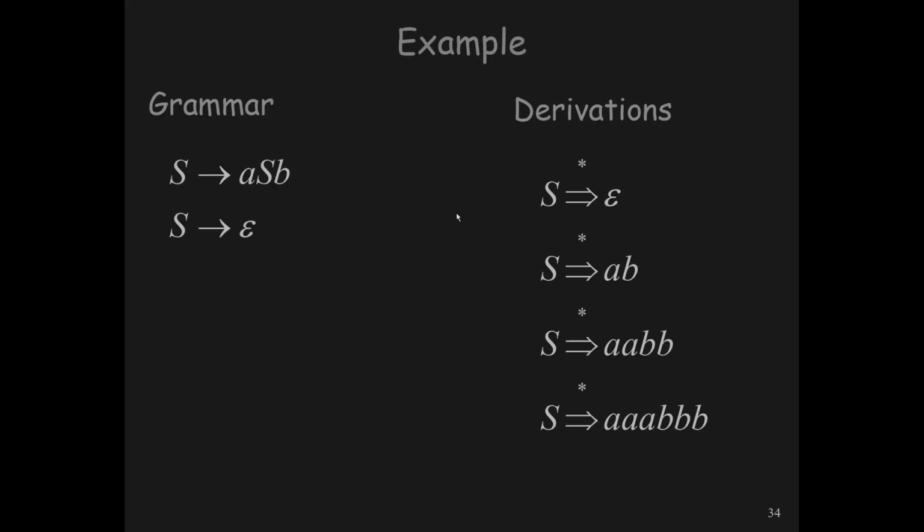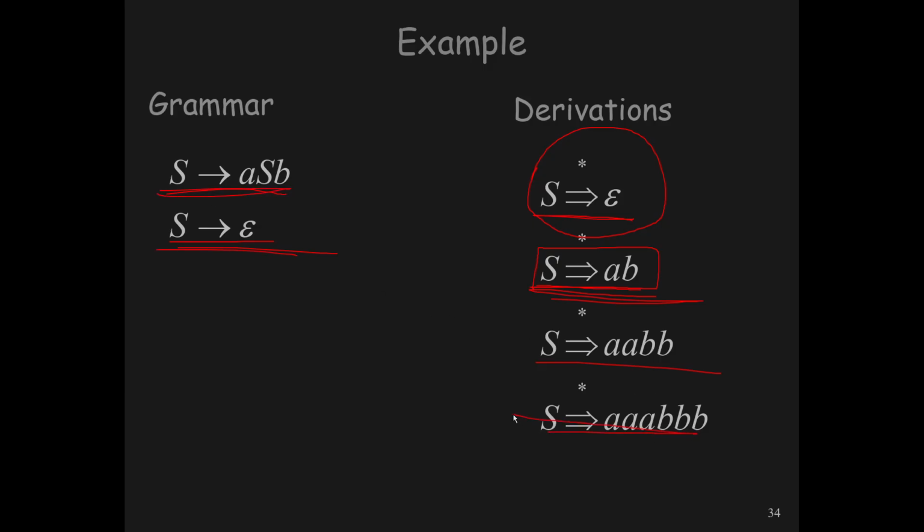Anyways, this is true. This is also true because eventually, for this one, if you apply this rule, then yes, it's true, right? If you apply the first rule, then the second rule, you arrive at AB. For AABB, you apply the first rule twice and then the second rule once.